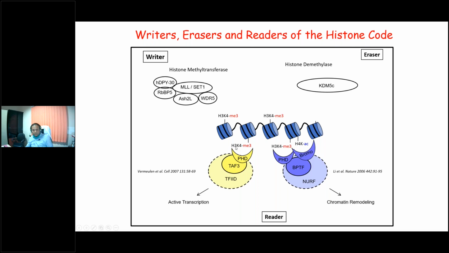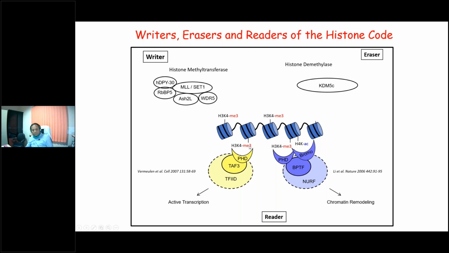TAF3 is a subunit of the TFIID complex, which is part of the RNA polymerase machinery. TAF3 has a PHD domain, and this PHD domain interacts with the H3K4 trimethylation.